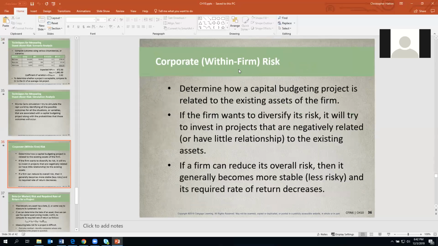All right, within-firm risk: determine how a capital budgeting project is related to the existing assets of the firm. If the firm wants to diversify, it'll try to invest in projects that are negatively related to the existing assets. So that means if you're buying stocks and bonds, stocks specifically is a good example here.